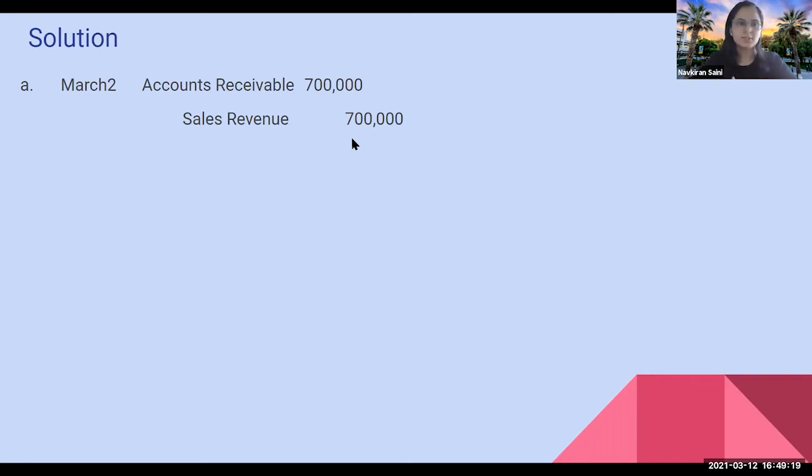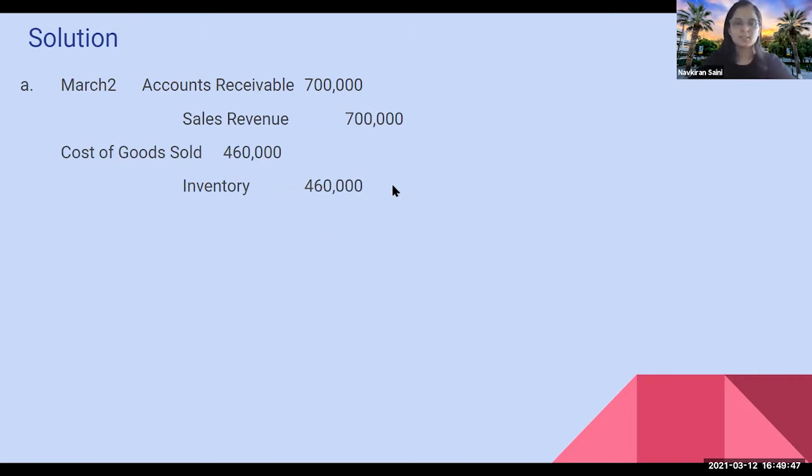Since we are selling the goods, there is also the cost of goods that we incurred to sell them, which decreases our inventory. So debit cost of goods sold and credit inventory, which is an asset and it's going down. Our inventory goes down when we sell, so it's a credit. And inventory goes down by its actual cost, not the selling price.